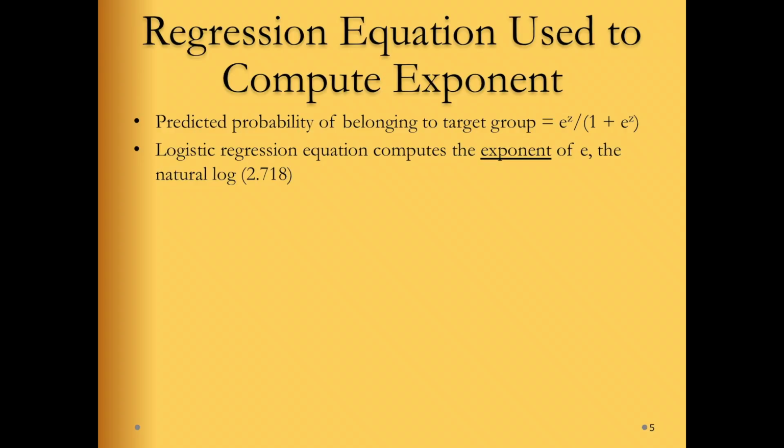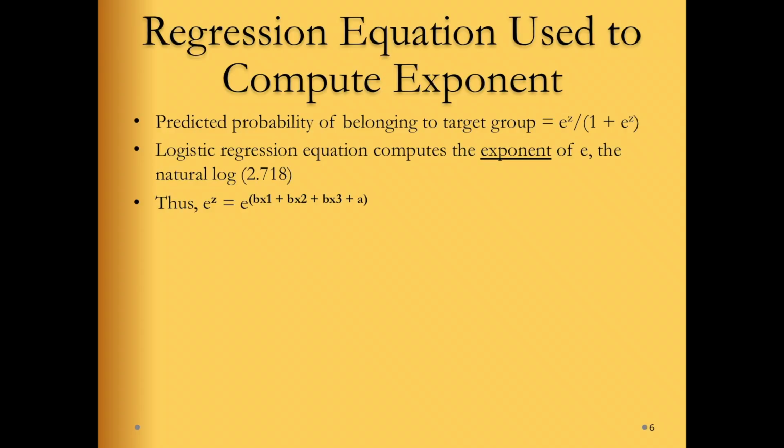It is equal to approximately 2.718. The unknown in the equation is the exponent z, or the value e is raised to. That exponent is computed for each participant in the dataset by using the logistic regression equation.